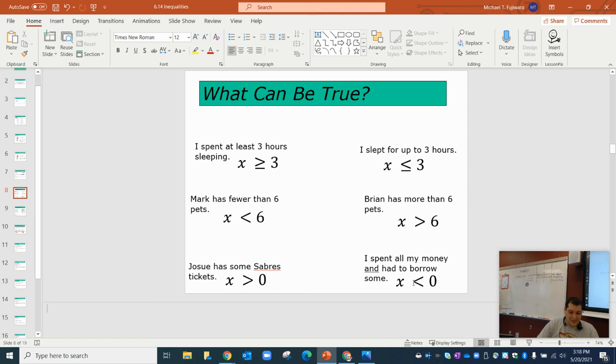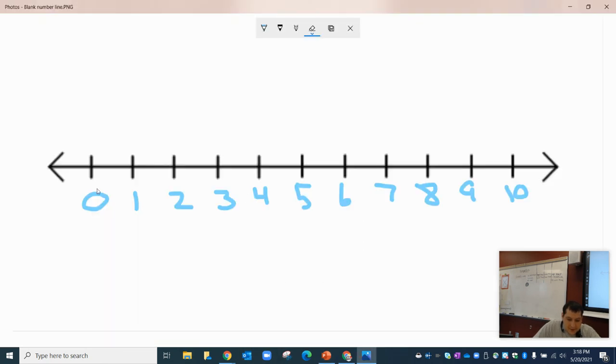I would pick something different, like it's below 0 degrees outside. It's less than 0 degrees outside, or something like that. But we can graph those the same way, and it's right here, 0.